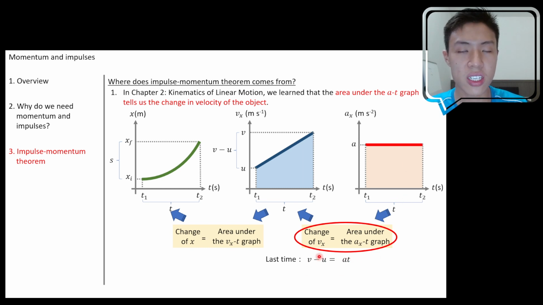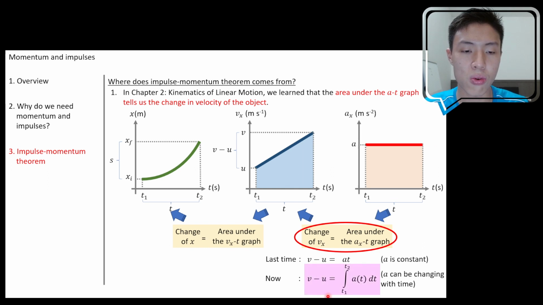So we can generalize this equation: when the acceleration is not constant, v minus u is equal to the integration of the a-t graph from the start of the event until the end. That integration represents the area under the a-t graph, and therefore it equals the change in velocity during the same duration.